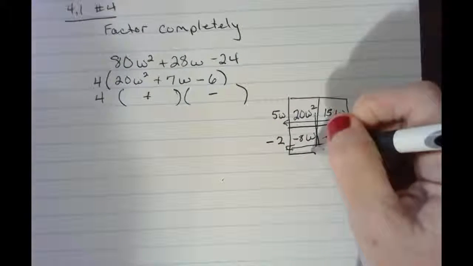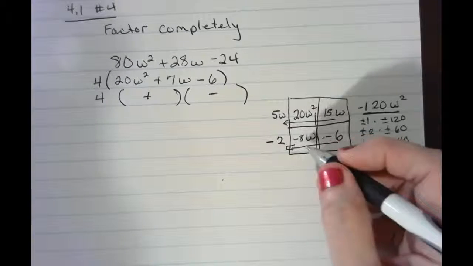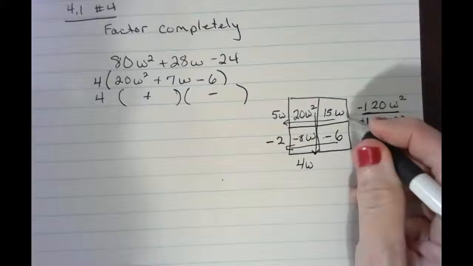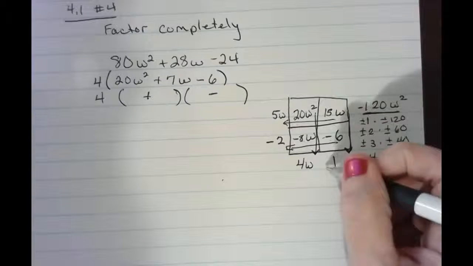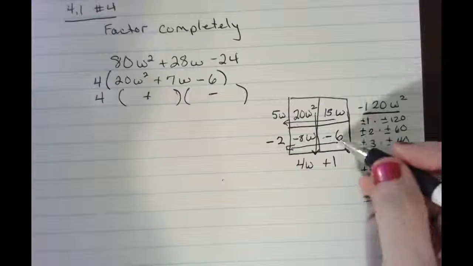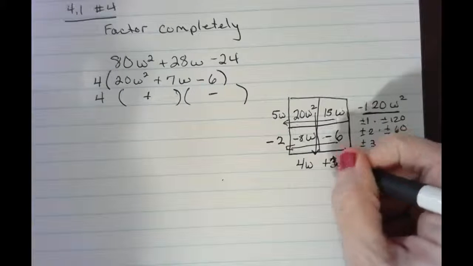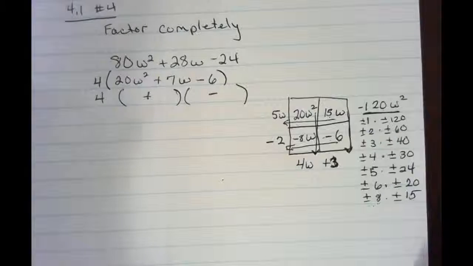And then the first column, greatest common factor, it looks like I could factor a 4w. And then last but not least, oh, I'm sorry, that's incorrect. It looks like it's going to be 3. I'm not sure what I was thinking. 3 goes into 15 and 3 will go into 6. So that is a 3, greatest common factor.